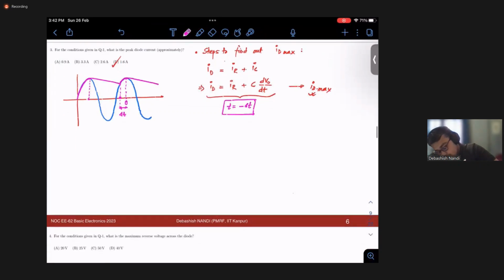Let me show you. This is your voltage, this is omega T. How will the current waveform look like?